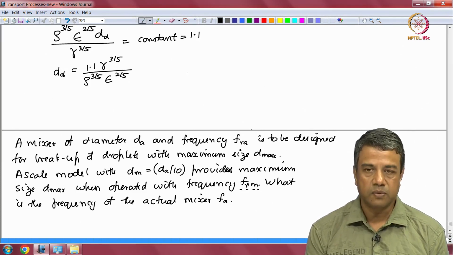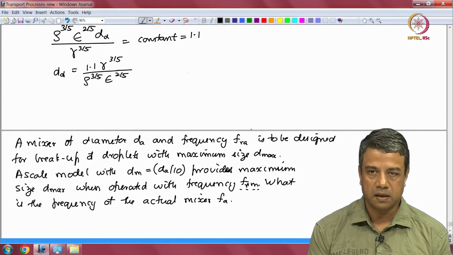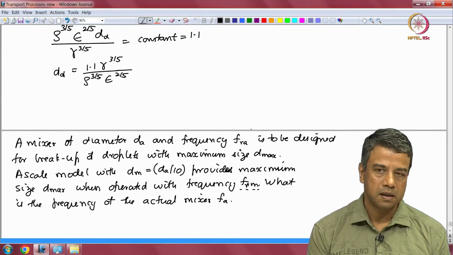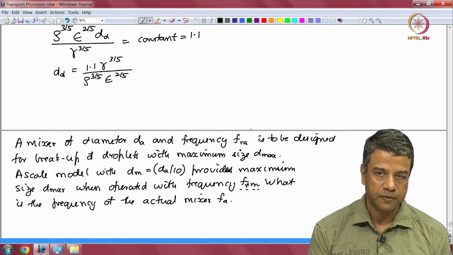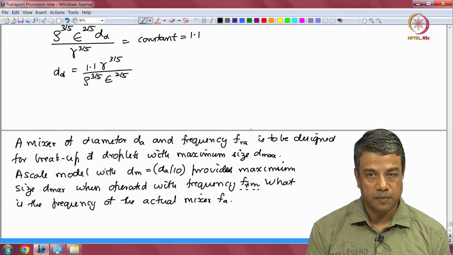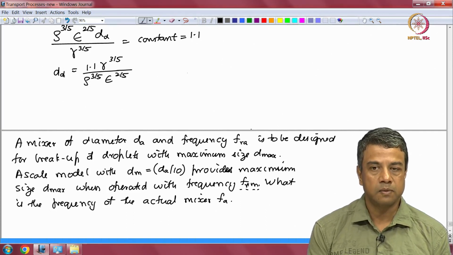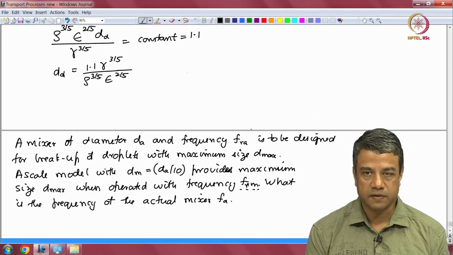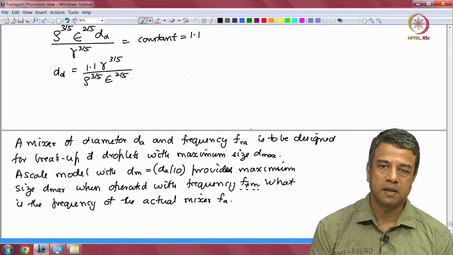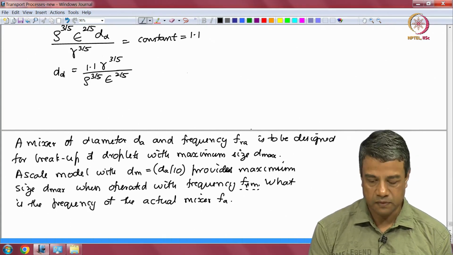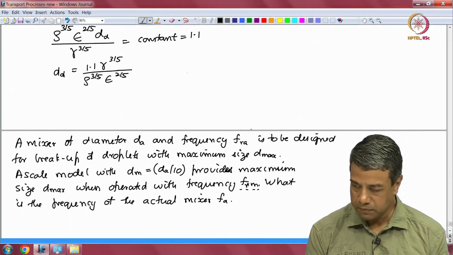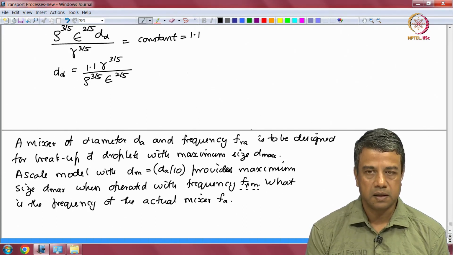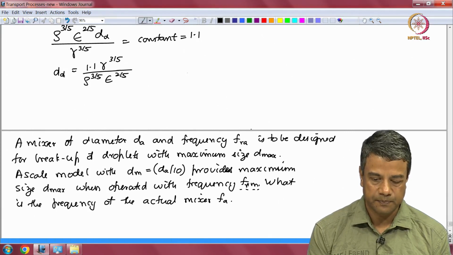So, between the actual reactor and the model reactor, I need to keep the surface tension, the density, and the energy dissipation rate per unit mass the same, provided the breakup is happening in the inertial regime where inertial forces are dominant. That will not apply in the viscous regime. If I keep these parameters constant, then the droplet diameter should be the same.